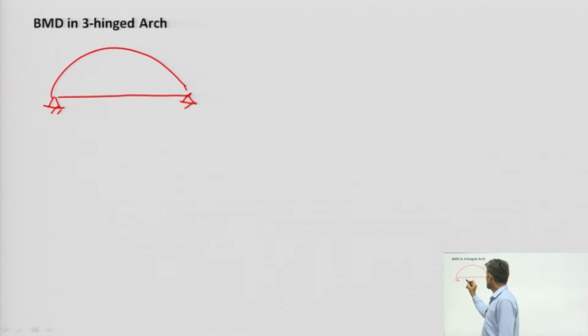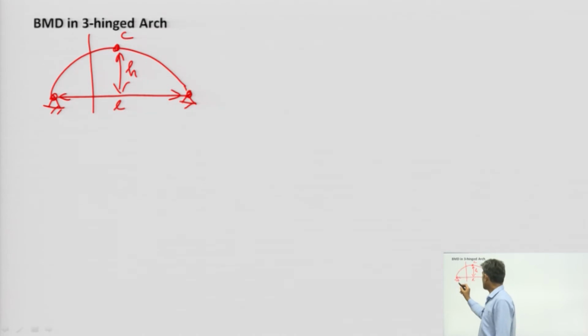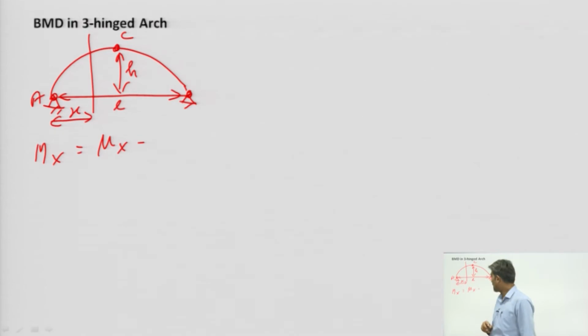Next, bending moment in a 3 hinge arch. Suppose we make an arch with horizontal distance L, hinged at both supports and at the crown, with rise h. Then the bending moment at any section x from support A can be written as beam moment mu x minus h into y, where y is this intercept.